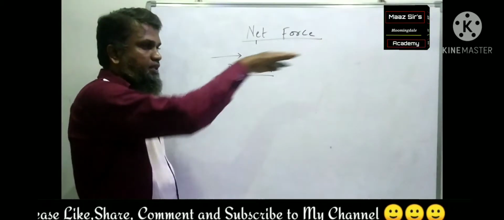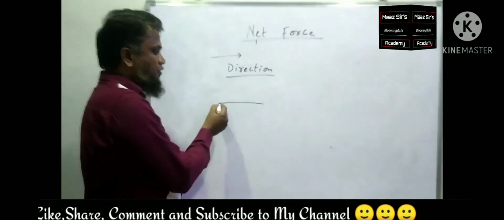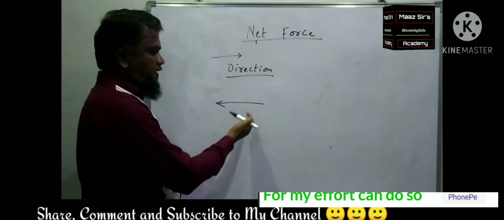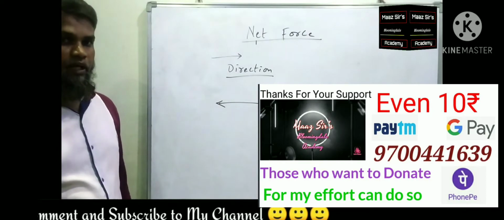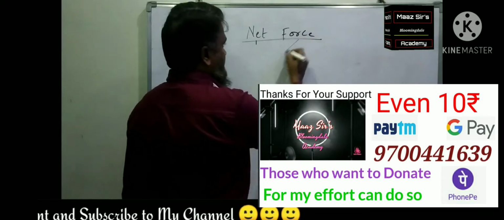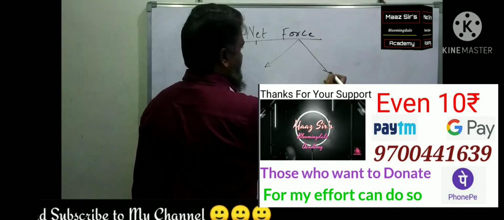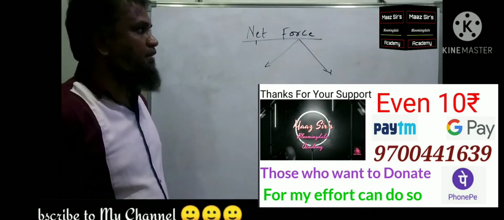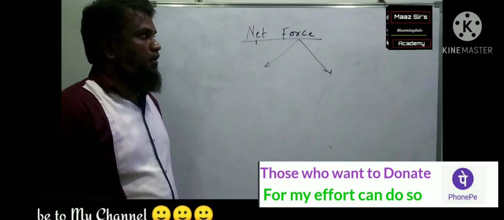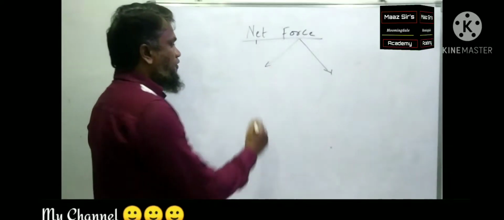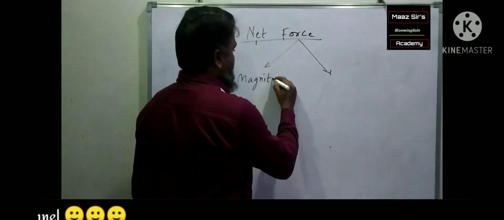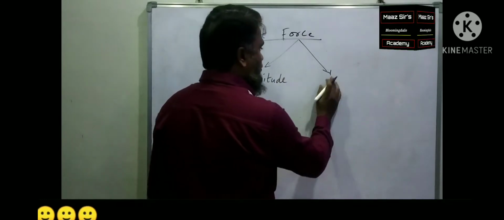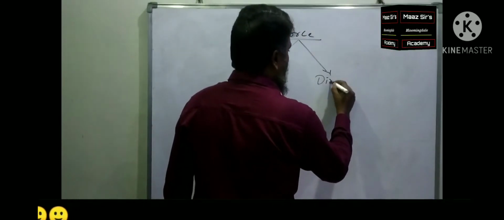If I show the arrow mark like this, the force is exerted in the opposite direction. Force has magnitude and force has direction.